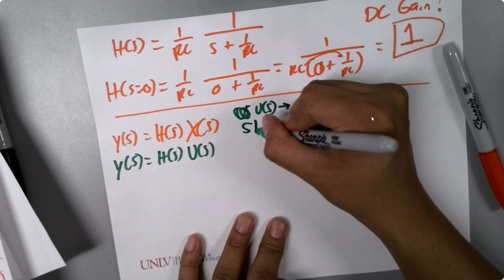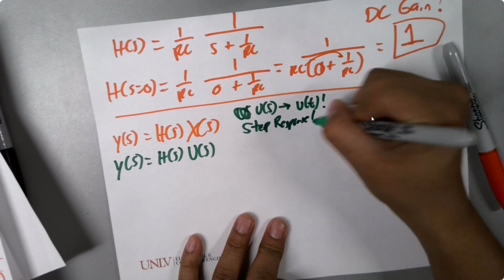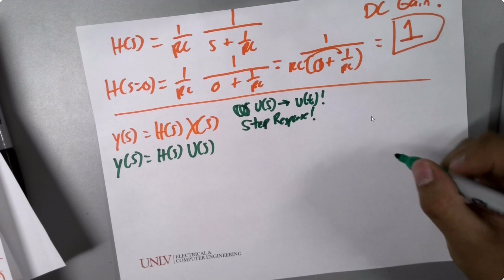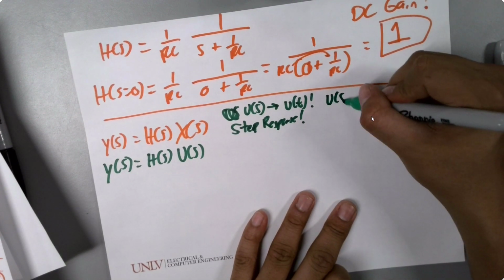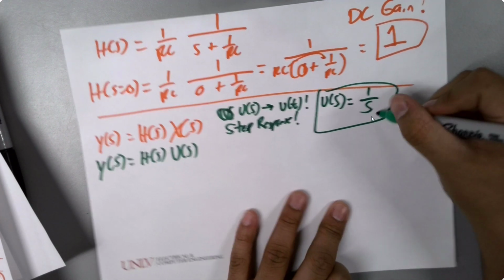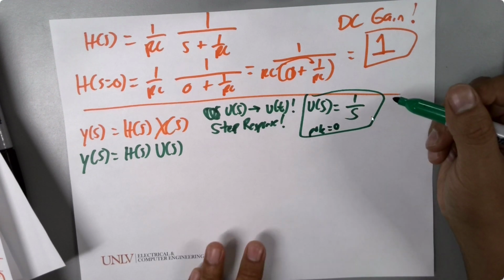Step response, right? So, if you remember from the class, what is U of s? 1 over s, where you have a pole at s equal to 0. Okay?